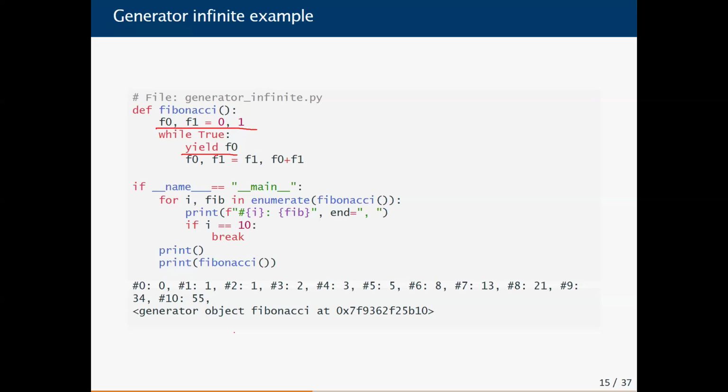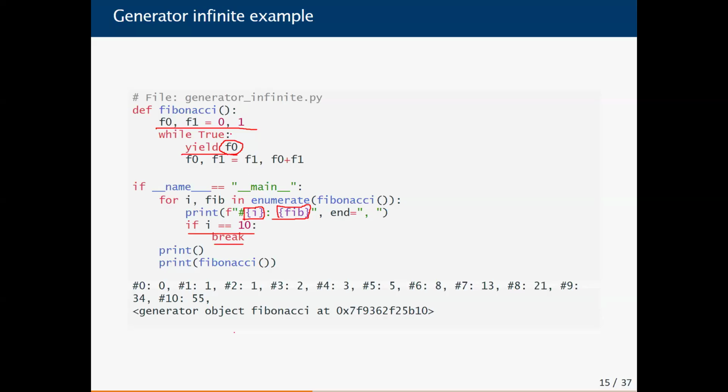Then in the loop, we will first get the value of F0 and go back to the main program. In the main program, it will print the index and also the value of F0. And then it will print for 10 times.